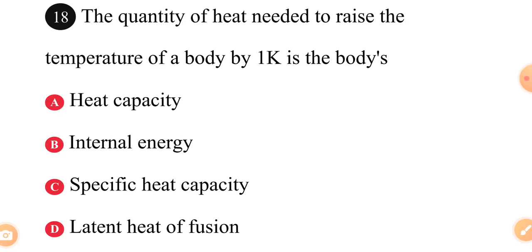B. Internal energy. C. Specific heat capacity. D. Latent heat capacity. The quantity of heat needed to raise the temperature of a body by 1 Kelvin is simply the heat capacity of the body. That is option A, heat capacity.